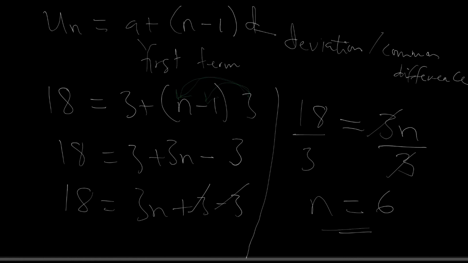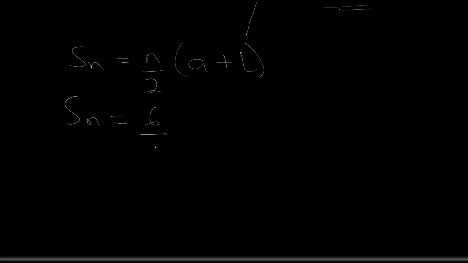So to find the sum, now we know our n. So we move back to the formula. Sn is equal to n over 2 into bracket a plus l. We know all our terms now, so we just fix in the values. Sn should be equal to 6 over 2, and then our a, which is our first term, is 3, and our last term, which is 18.